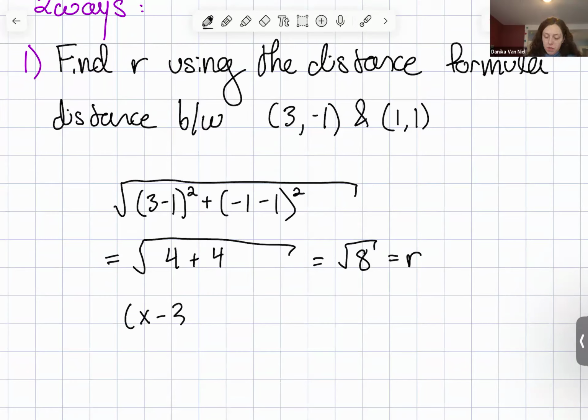So that's going to be (x minus 3) squared plus (y minus -1). That's how we got that +1. But it seems like y'all caught that, so that's good. So (y plus 1) squared equals r squared, right? But square root of 8 squared is 8.